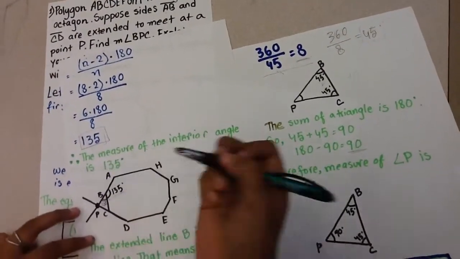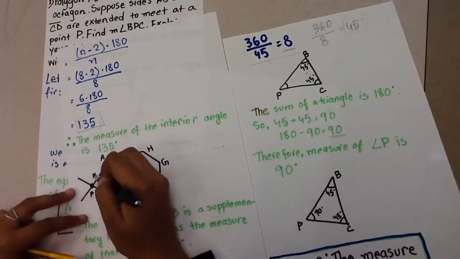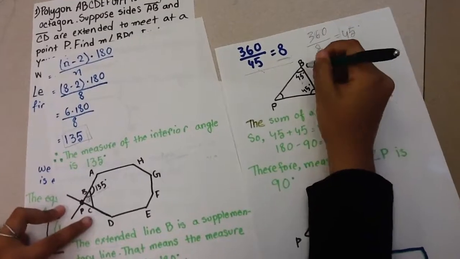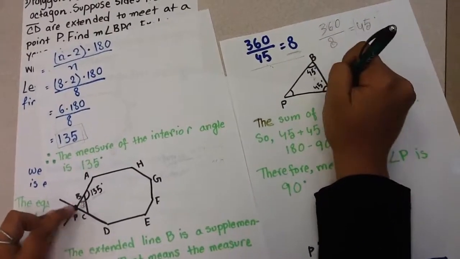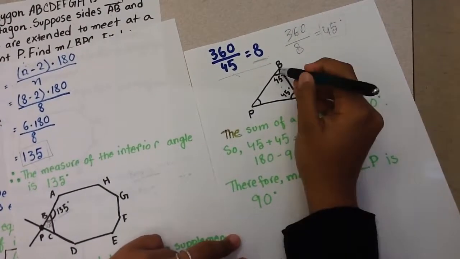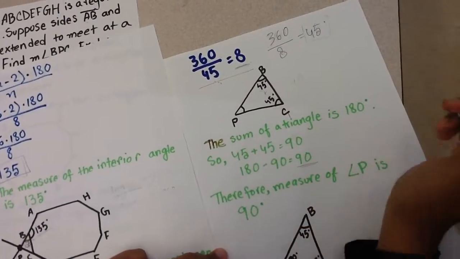And now I just enlarged this triangle over here, so B, P, and C. So we know that the exterior angle for B and C is 45 degrees. And we know that the sum of the interior angles of a triangle is always 180 degrees.